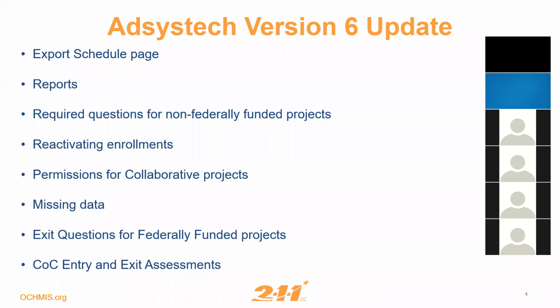So yes, we know that too. And we're working with AdsysTech on that. And we know, again, this is impacting data timeliness because you're not able to enter your data. So we're working with them on that.